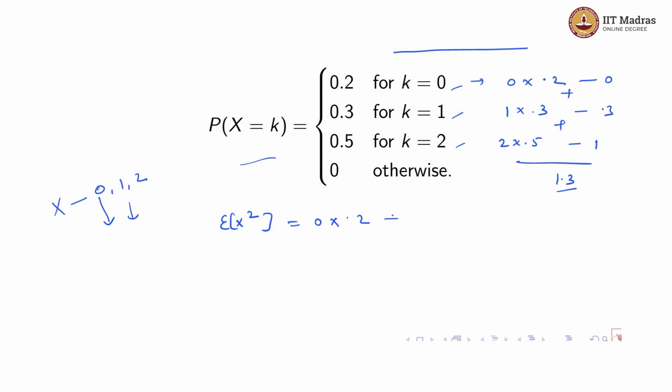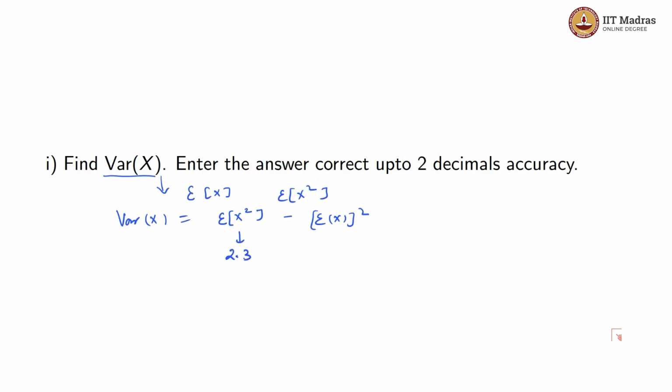Again 1 square is 1, and you multiply with the probability that it is taking value 1, that is 0.3, plus 2 square, that is 4, so 4 into 0.5, this is nothing but 0.3 plus 2, 2.3. So for this 2.3, for this 1.3, so 2.3 minus 1.69, we'll get 0.61. So this is our answer.